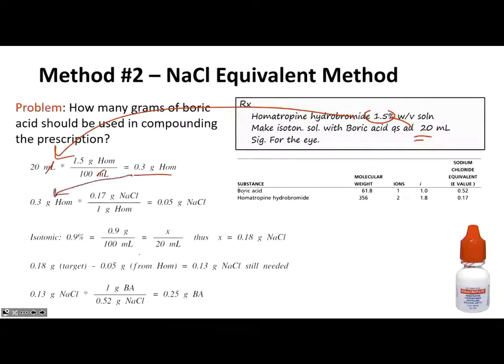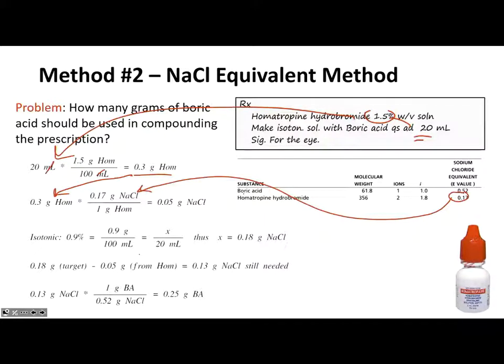That's how much is going to be in my solution because that's how much is therapeutic. Now I'm going to take that same number and convert it to its equivalent amount of sodium chloride. So 0.3 grams of homatropine is what's in there. It has the same osmotic forces as how much sodium chloride? We're going to use the E value, 0.17 for the homatropine.